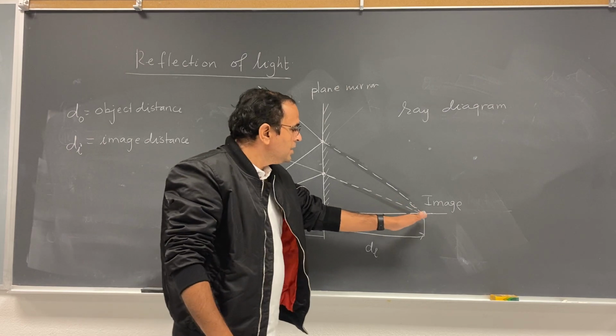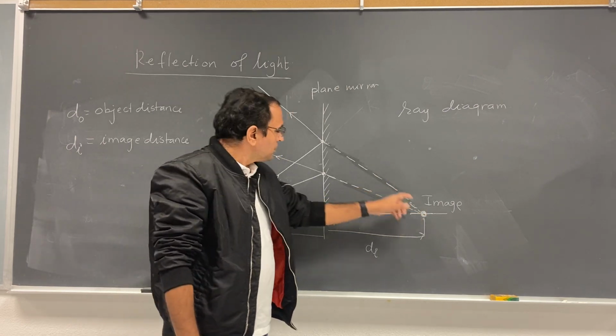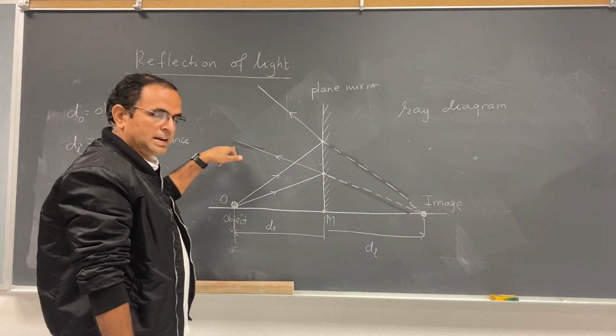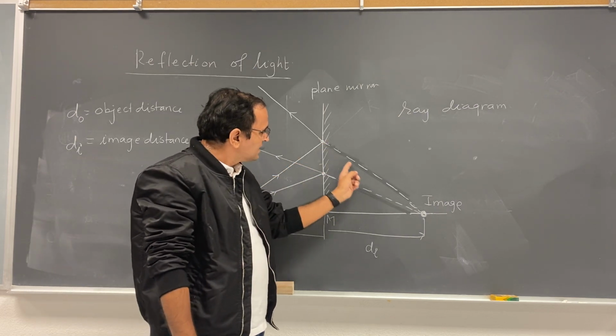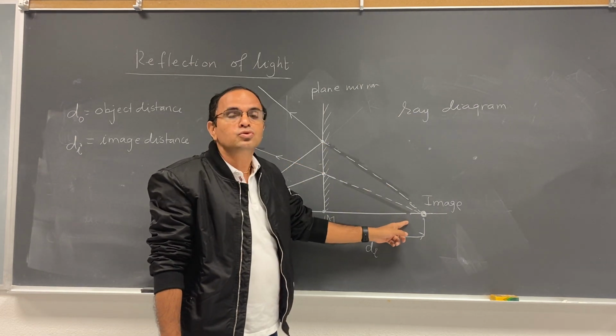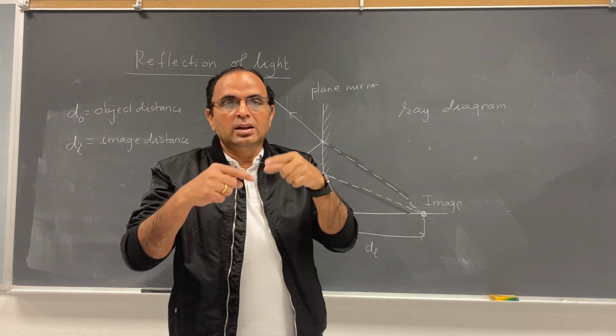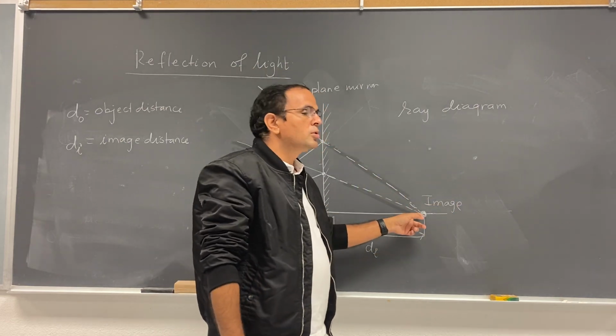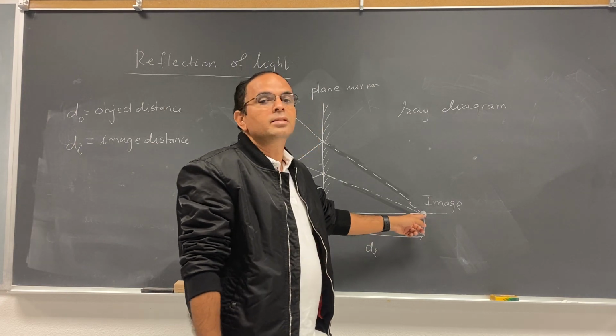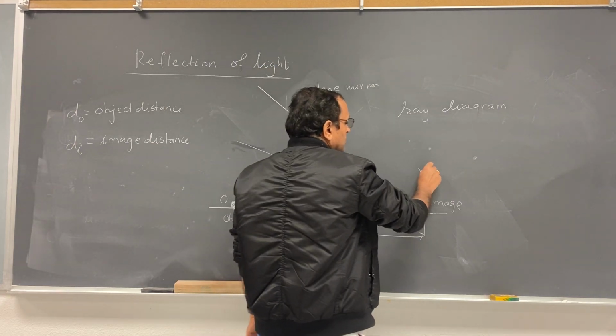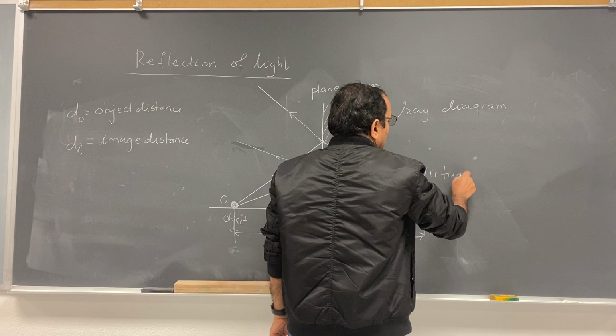Now this image is produced by extending these two reflected rays, but I told you this is a dashed line, a virtual ray. So the image formed by these two virtual rays is called the virtual image.